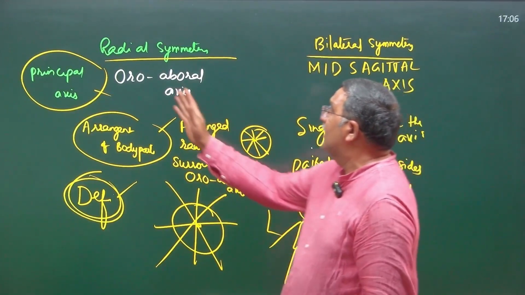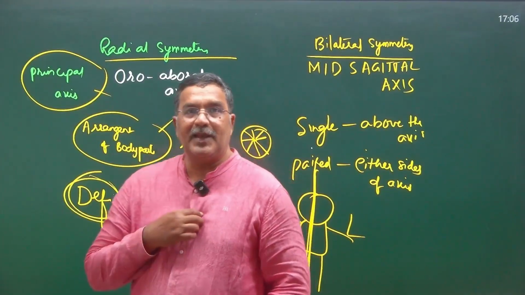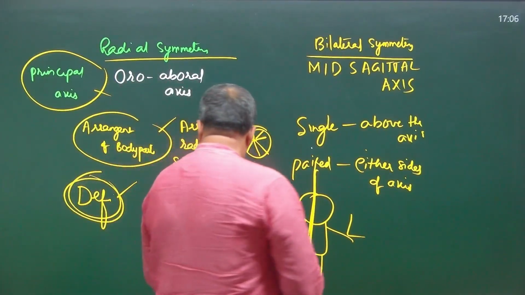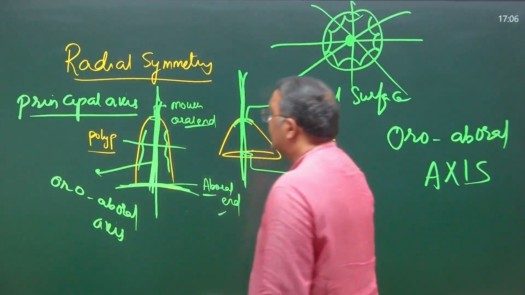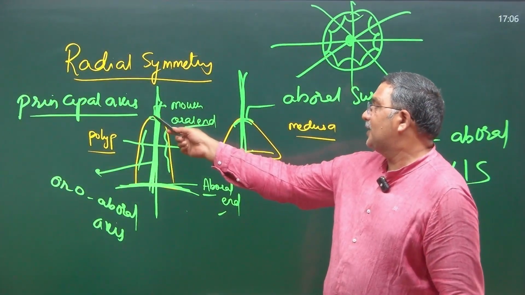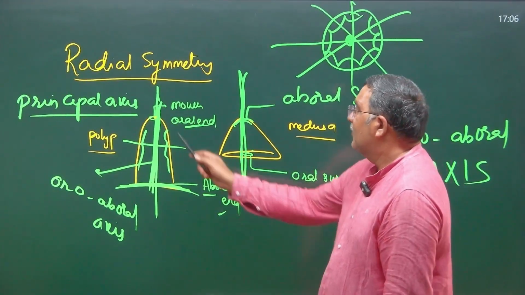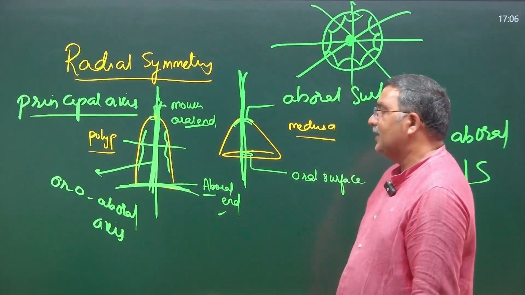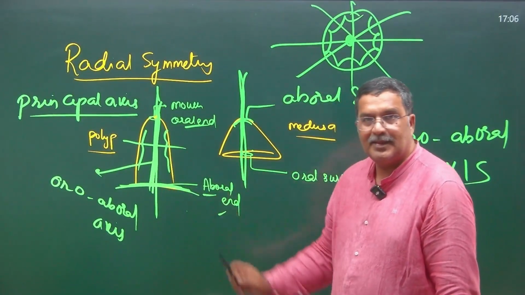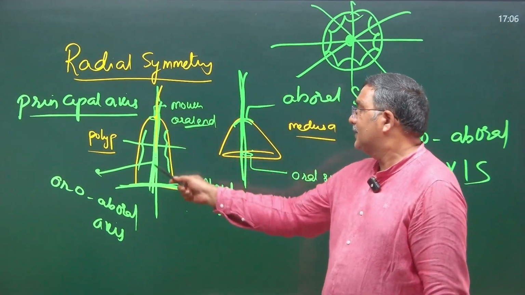Let me say once again, radial symmetry. The principal axis is just shown to you, that is where the mouth is present. No need to remember both, just for future sake I explain. Where the mouth is present, we call the oral end; where it attaches is the aboral end.